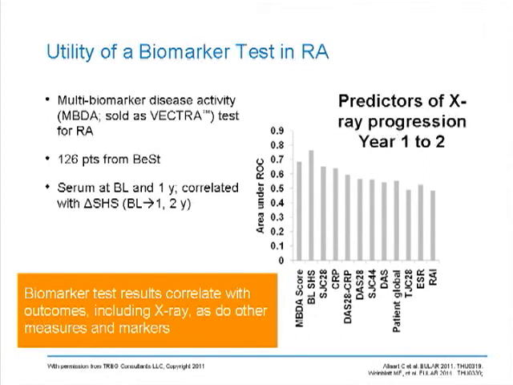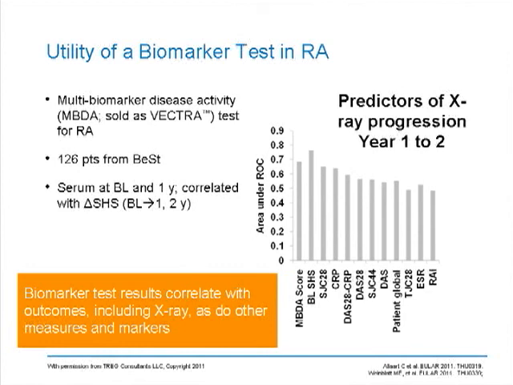This is a test which is not ready for prime time. It's difficult to decide how to use this test in practice and how it correlates truly with other disease measures at present. But hopefully over time it will become a valuable tool, or something like this will become a valuable tool.